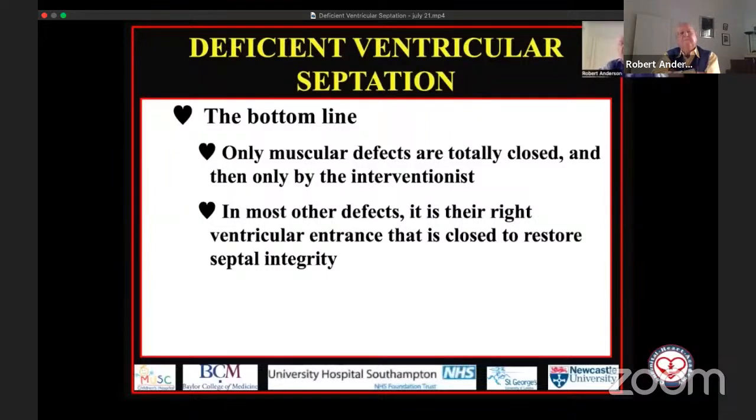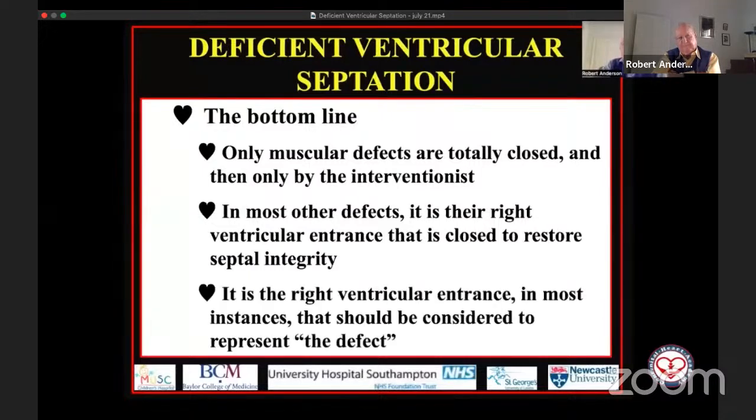If there is double outlet right ventricle, if there is tetralogy of Fallot, if there is an isolated ventricular septal defect apart from straddling the tricuspid valve, it is always the right ventricular entrance to the space subtended beneath the overriding arterial route that is closed to restore septal integrity. So arguably, it is that right ventricular entrance that should be considered to represent the defect.